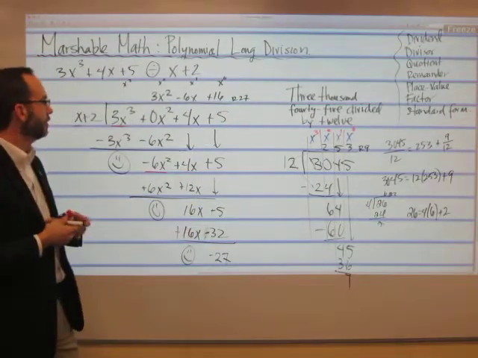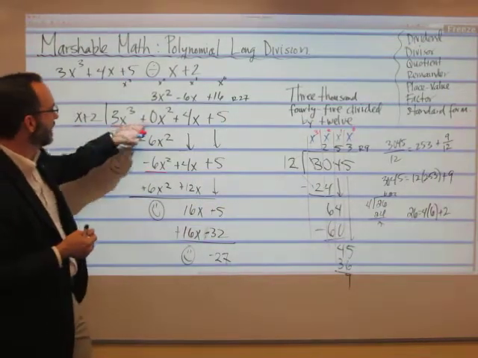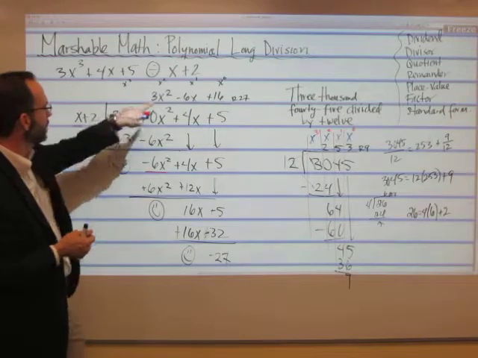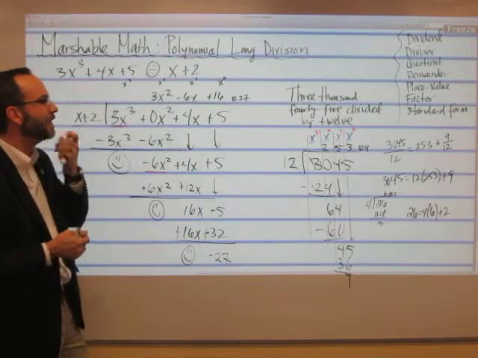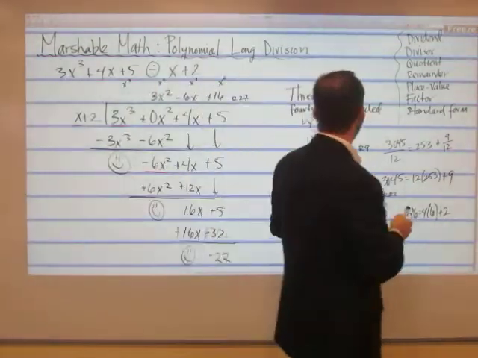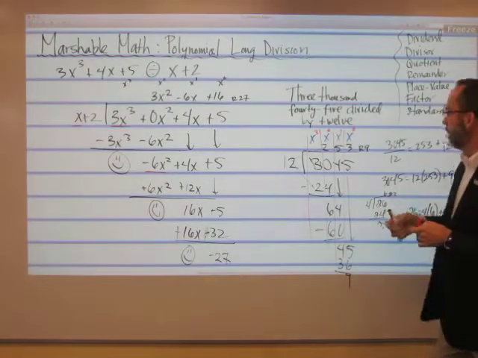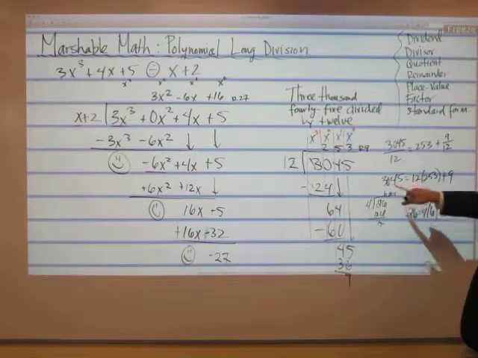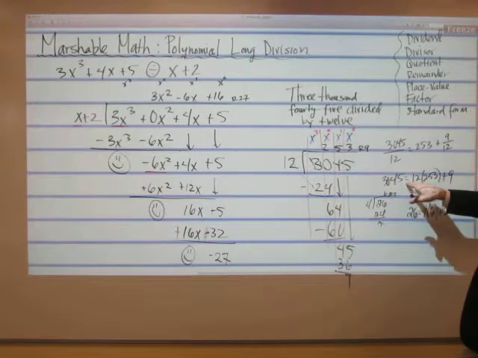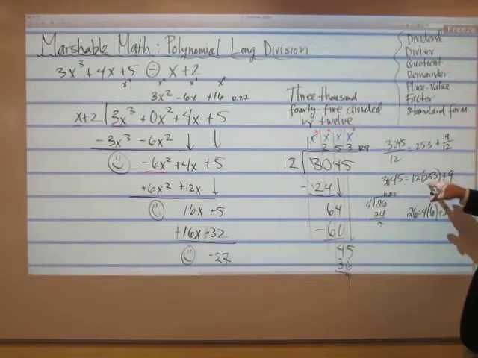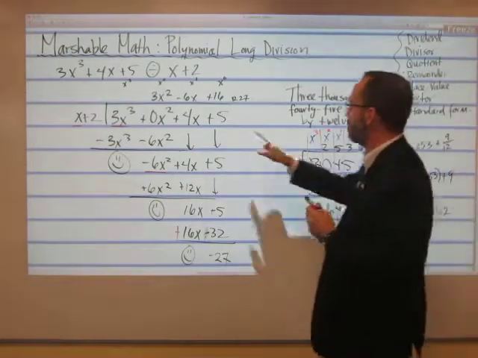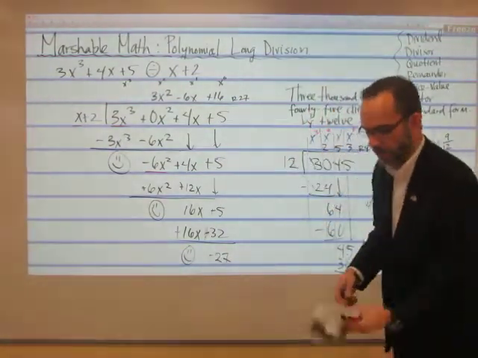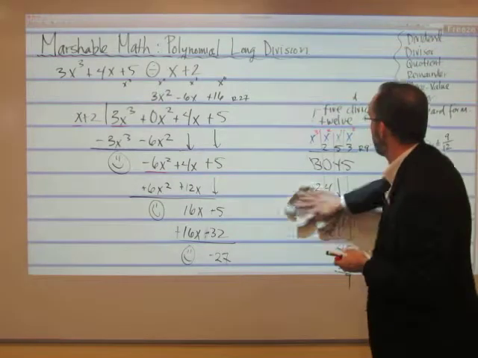Okay, follow? This is your dividend, this is your divisor, that's your quotient. But it means the same thing that it meant over here. Remember, we can write the problem as a dividend is equal to the divisor times the quotient plus the remainder. That means this right here, make myself a little room.